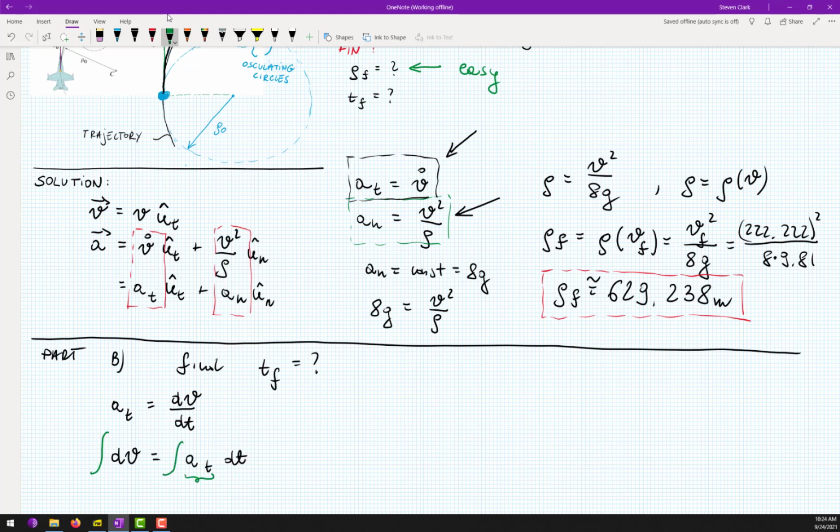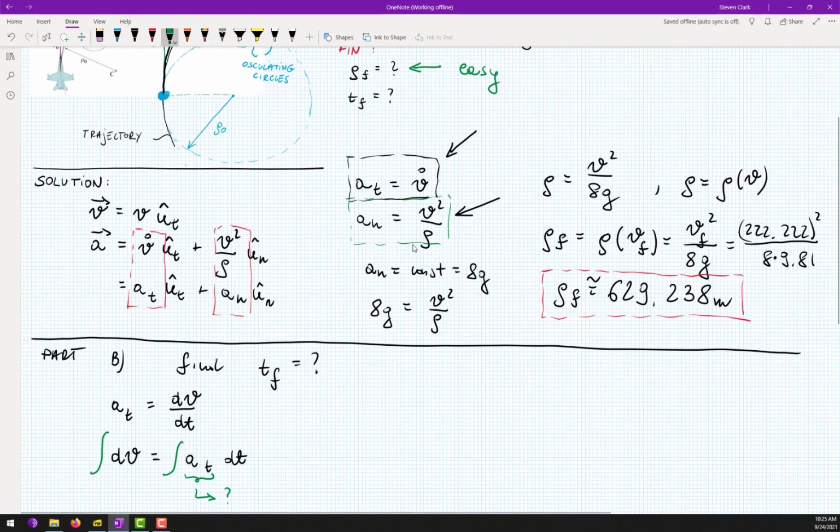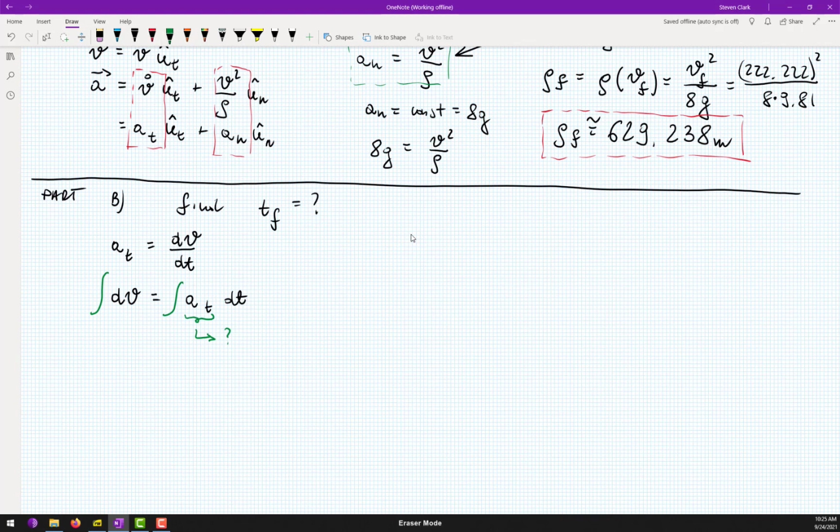Is there anything interesting about that thing? If you look at the problem statement, or here, this information. It decreases uniformly, yes, thank you. And what does that mean? Yeah, AT is constant. Do you like integrating constant things? Yes, that simplifies the problem tremendously.